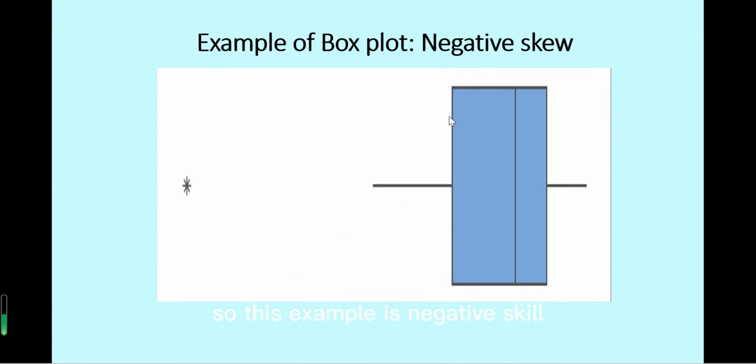So this example is negative skew. From the boxplot, this is the lower whisker, this is the upper whisker. You can see the lower part of the whisker and the part between the first quantile and the median have a much wider range than the upper part of the box and the whisker.